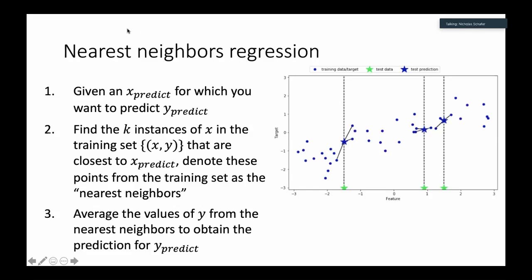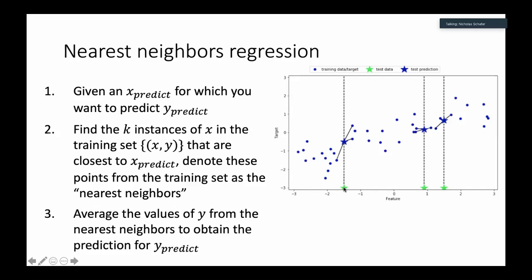So let's look at a picture regarding how this works. Let's say the blue dots there are training data, and you have a new piece of test data, and the single feature that you're interested in has a value of -1. By the way, can you guys see my mouse when I move my mouse? Yes. Okay.